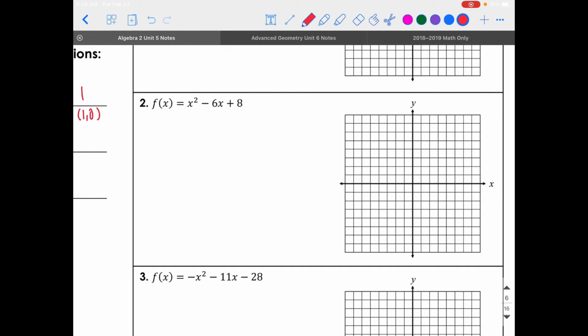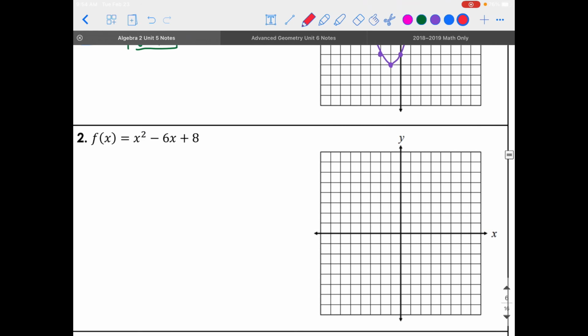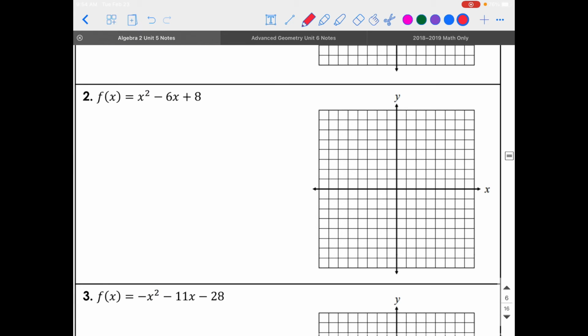If we scroll up a little bit, there's really not a ton of points that will fit. My graph only goes to about 8. It only has 8 boxes either way. So I'm going to start with 0, 8. Then 1, 3.